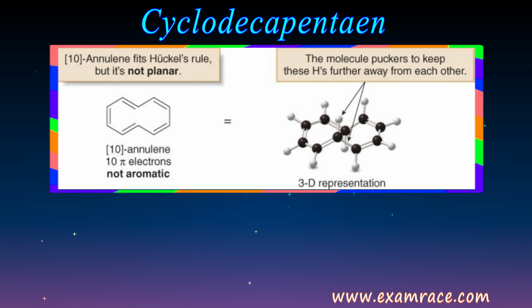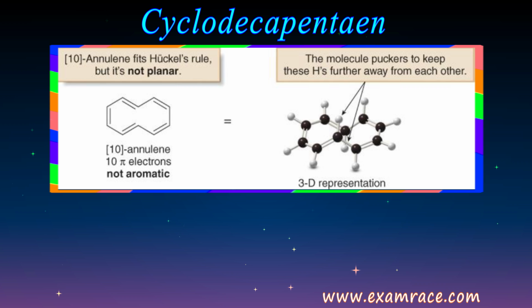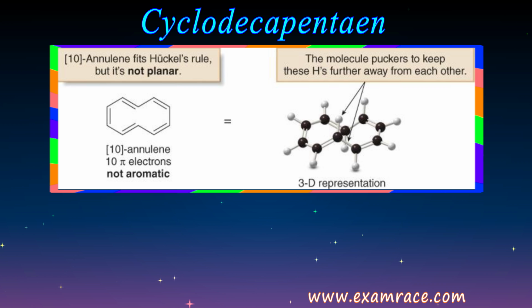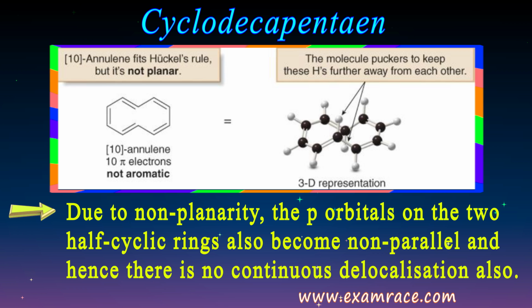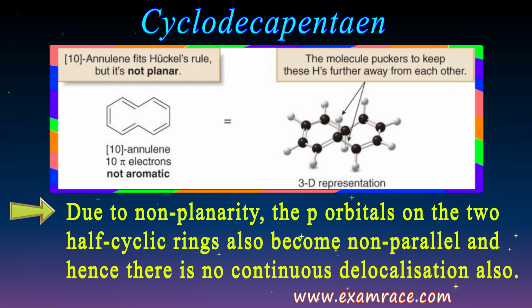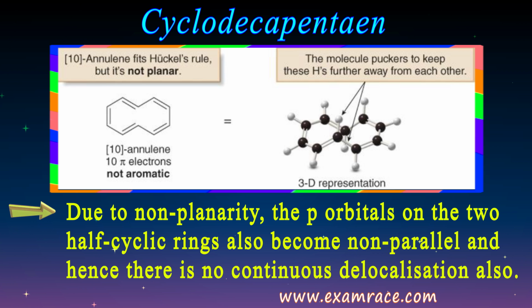So cyclodecapentaene is not fitting the Huckel rule, so it is not aromatic. It is fulfilling all the conditions except the planar one. Due to non-planarity, the p orbitals on the 2 half cyclic rings also become non-parallel, and hence there is no continuous delocalization.